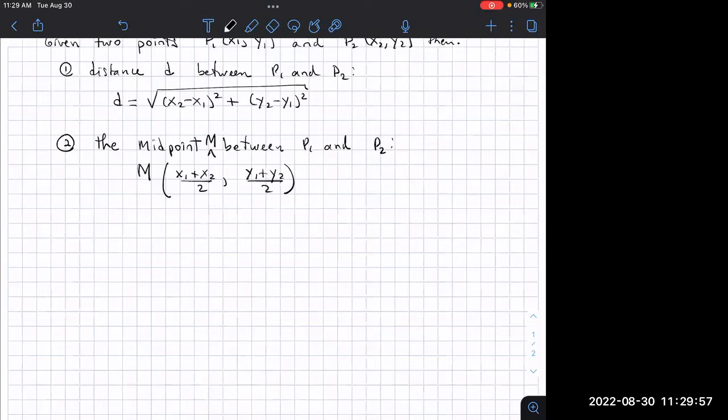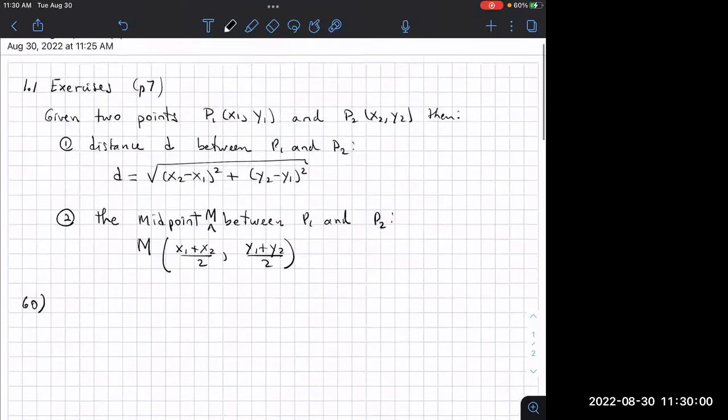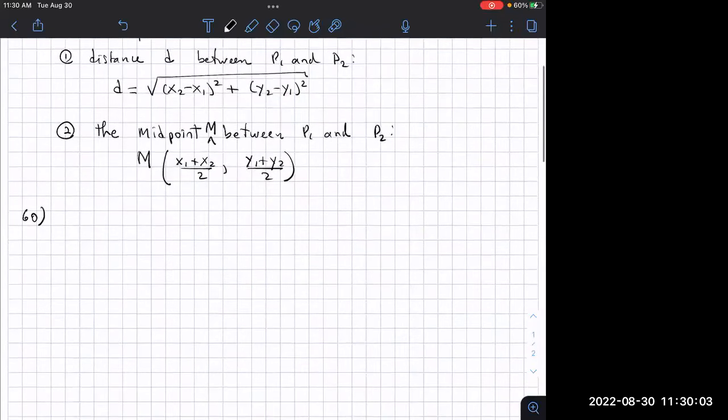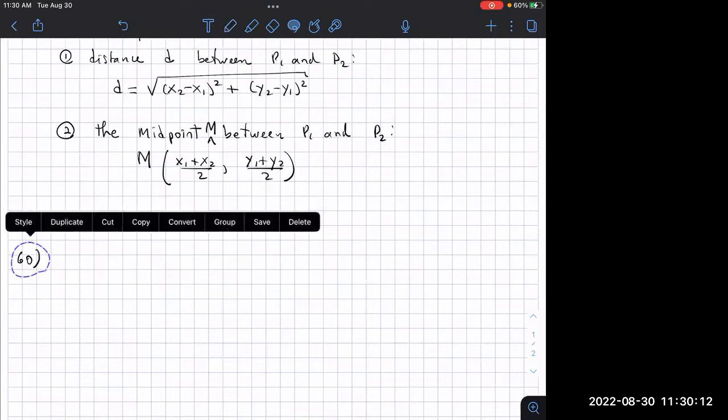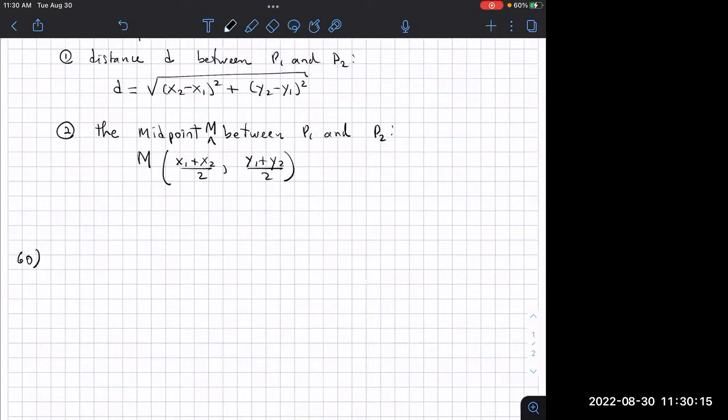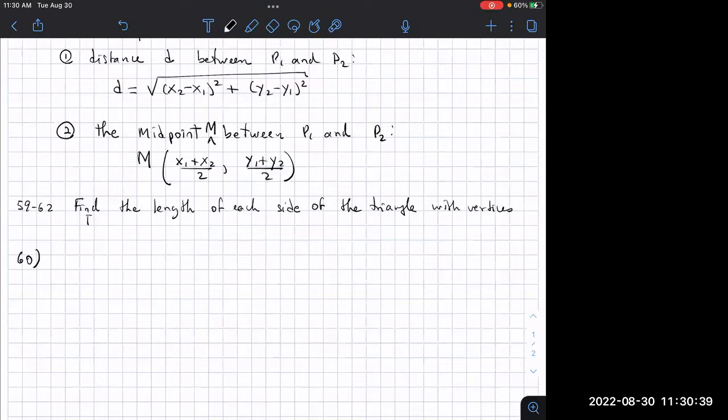Let's look at number 60. In problems 59 to 62, find the length of each side of the triangle with vertices P1, P2, P3.